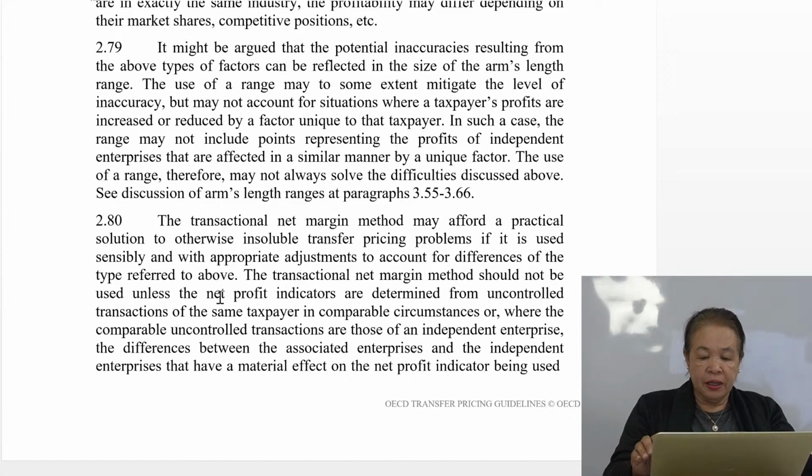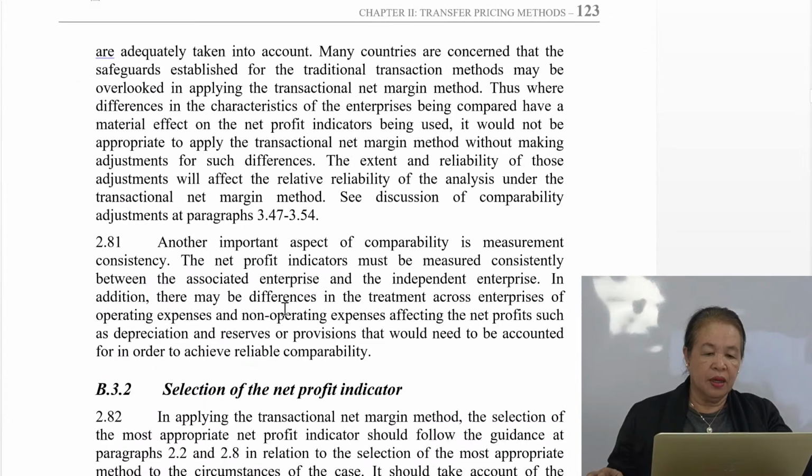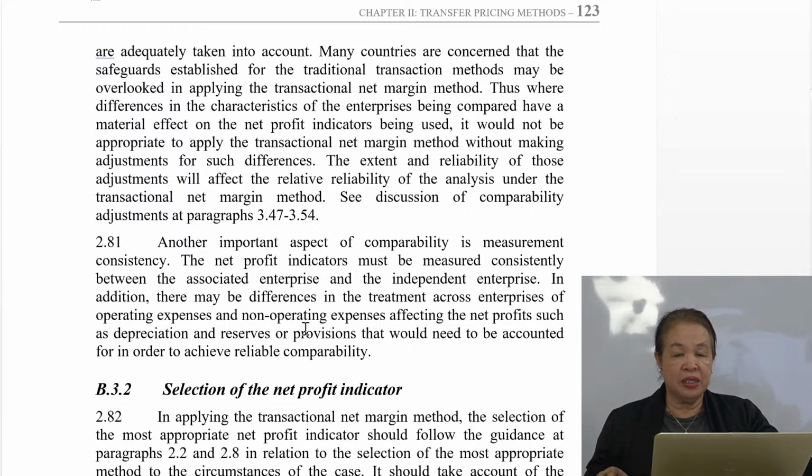The differences between the associated enterprises and the independent enterprises that have a material effect on the net profit indicator being used are adequately taken into account. So many countries are concerned that the safeguards established for the traditional transaction methods may be overlooked in applying the transactional net margin method.